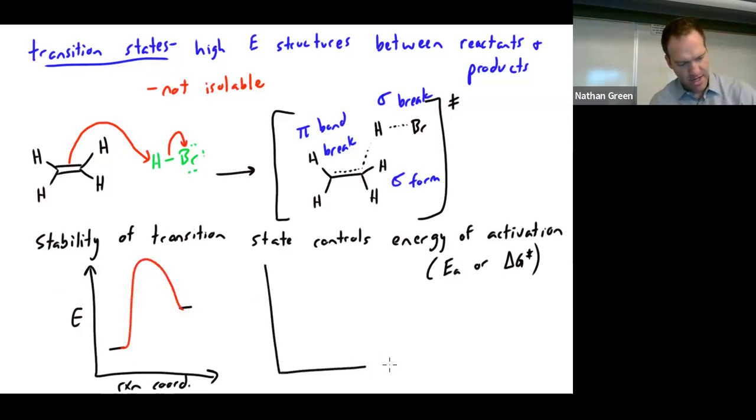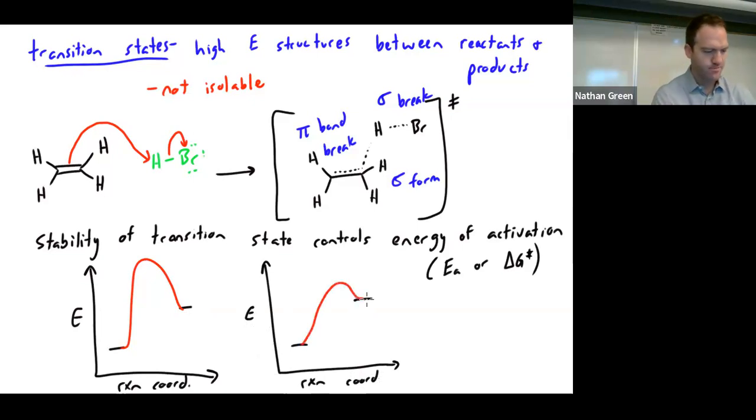And if I went over, making the same level here, a reactant that turned into a similar level intermediate here, but went over a more stable transition state, this reaction would be slow, relatively. This reaction would be fast, relatively. My transition state is controlling the difference there.